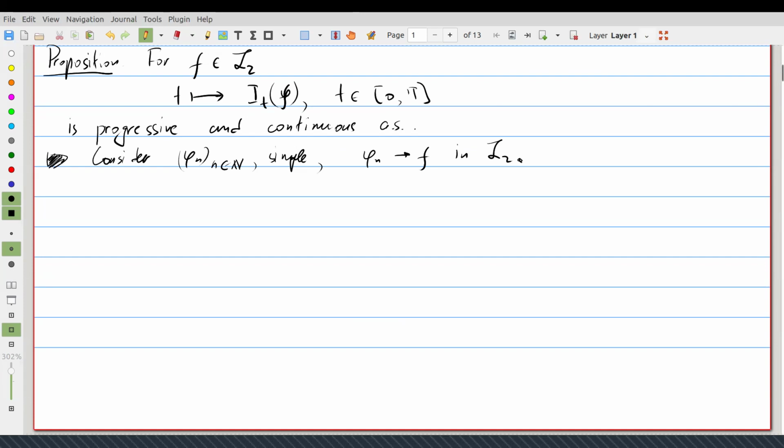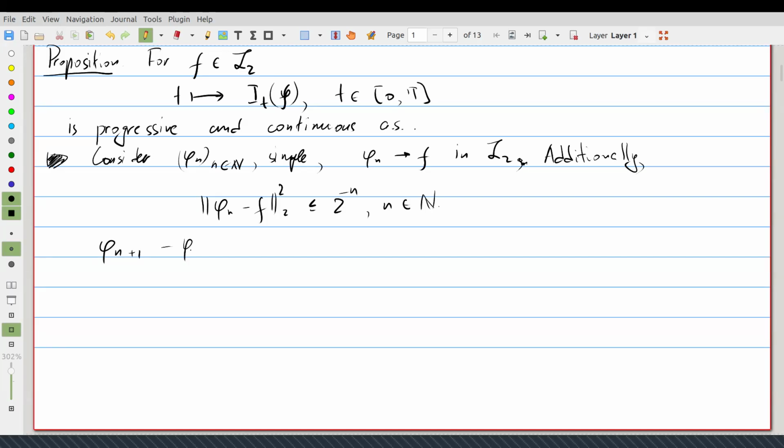And additionally, we can assume that phi n minus phi in this norm squared is less than, say, 2 to the minus n. So they converge quickly.